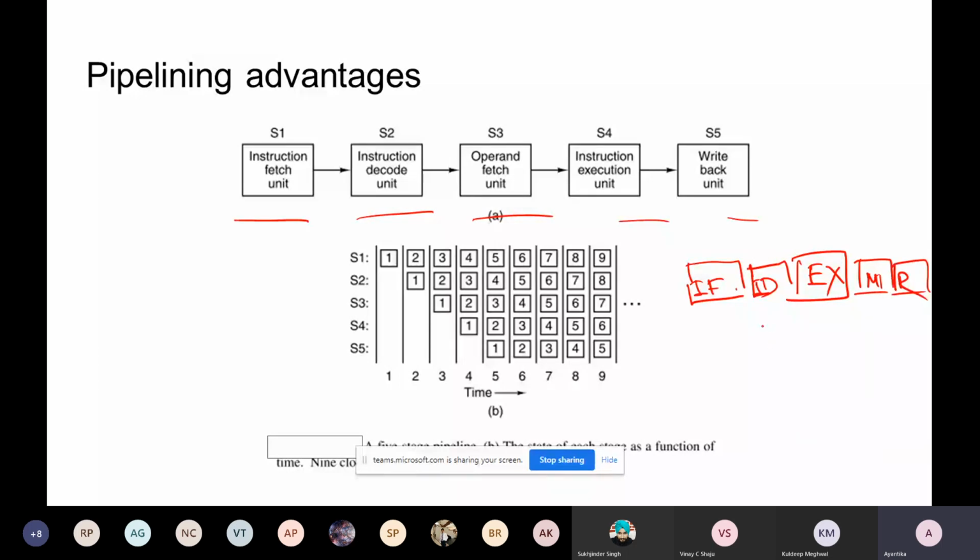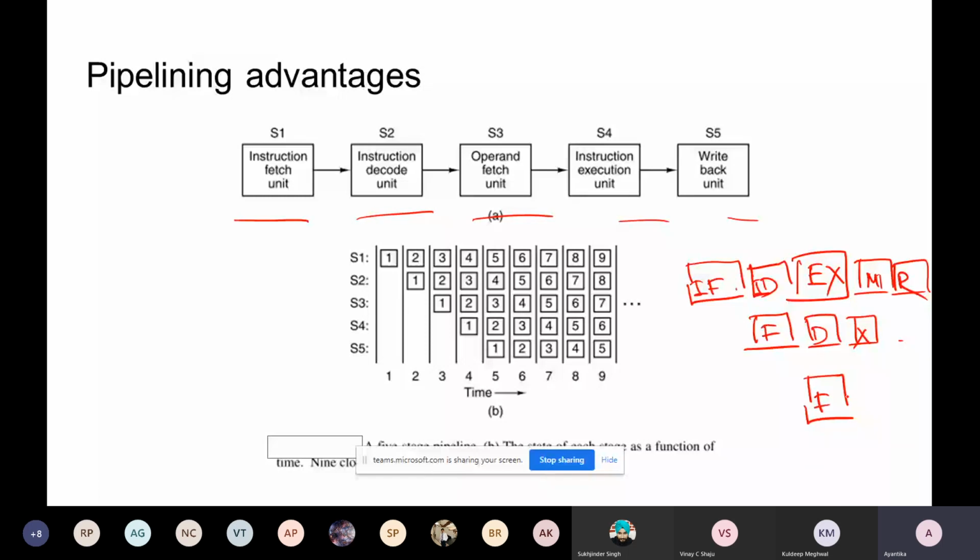Then again for the next instruction you start the fetch from here, then do the decode, then the execute, and so on. For the next instruction you start the fetch from here, and so on.